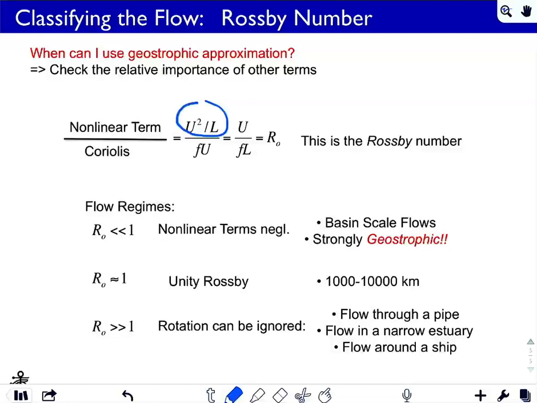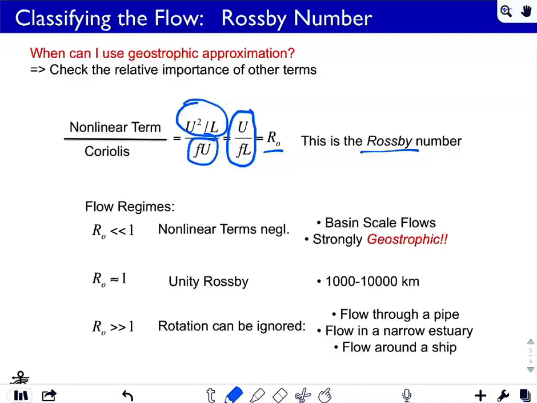That's the order of magnitude of the nonlinear term. This is the order of magnitude of the Coriolis term. Cancel out the u's, and we get this parameter here, u over fL. Again, f is the Coriolis parameter. You get this non-dimensional number here. So this number is dimensionless. It has no units. And this is known as the Rossby number. It's designated R naught.